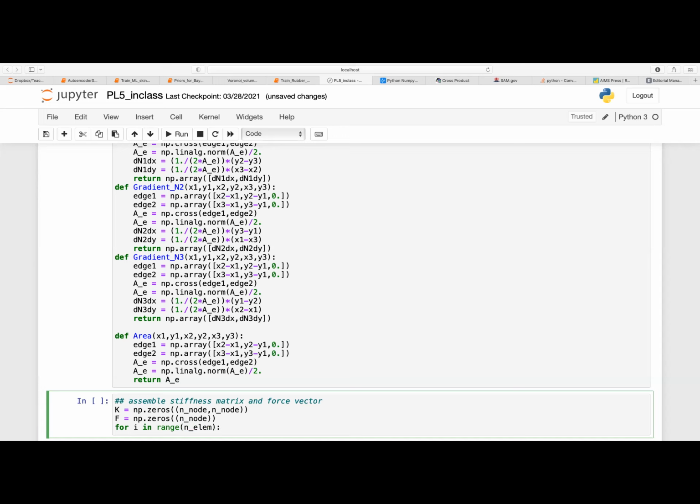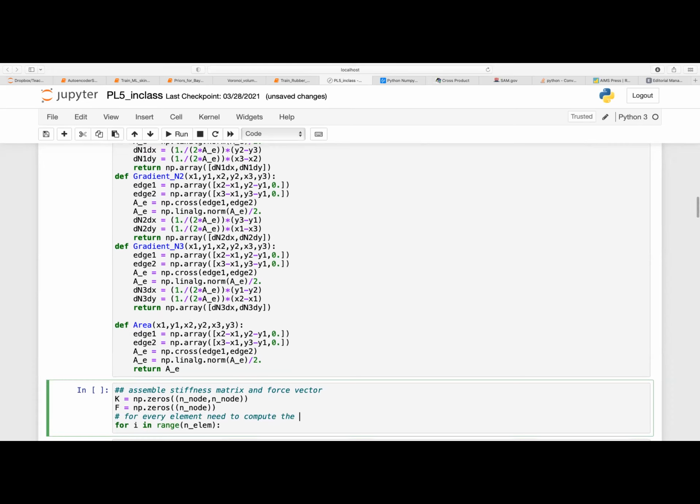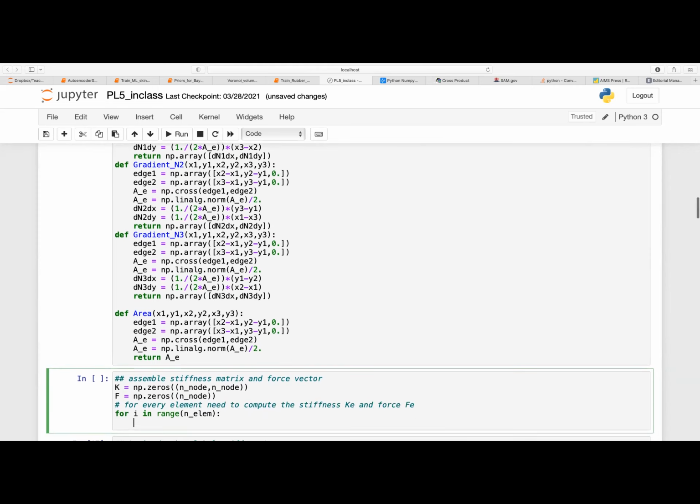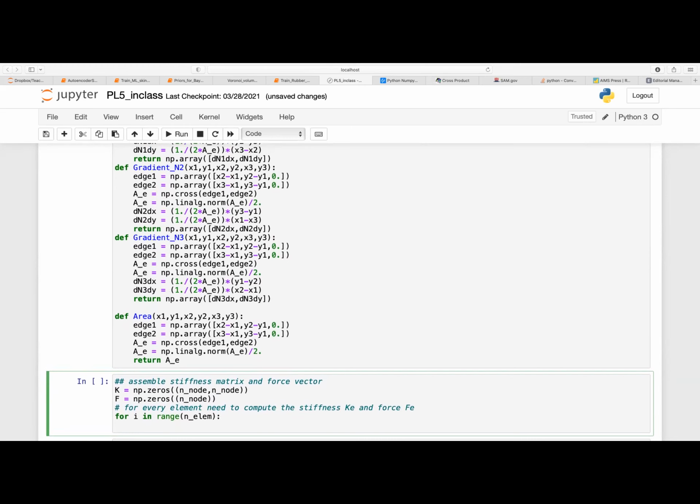Because for every element, we need to compute stiffness Ke and force Fe. Now, to compute the stiffness matrix, down in the code is the same, but I'll just type it so that we're on the same page.